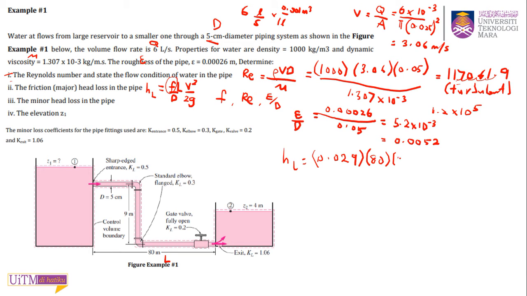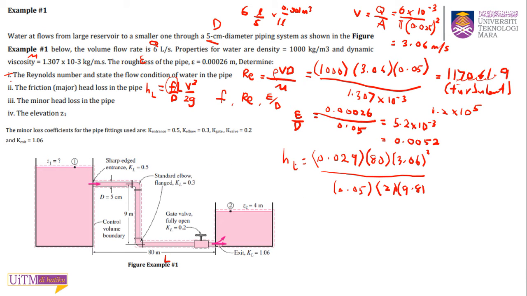So 3.06 squared, over the diameter 0.05, and times 2 times G, 9.81.